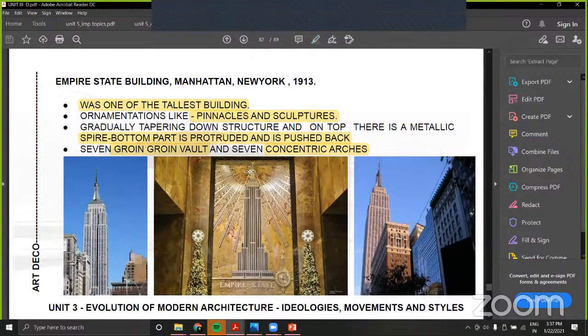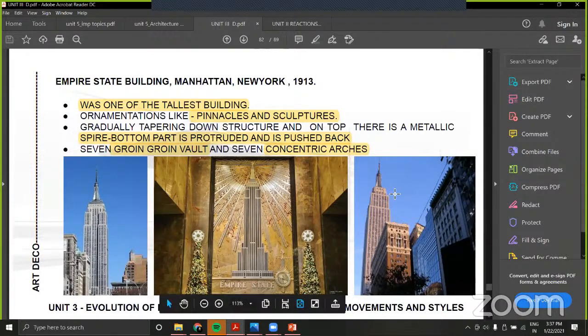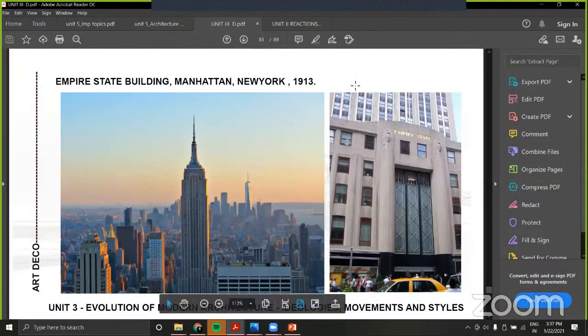Seven groined vaults and seven concrete arches. The Empire State Building became one of the tallest buildings in 1930, in Manhattan, New York, with ornamentations like pinnacles and sculptures. They also reduced the amount of detailing here. They also wanted aesthetic value as well as a functional aspect.